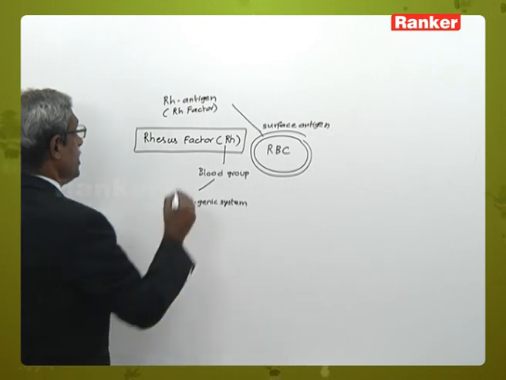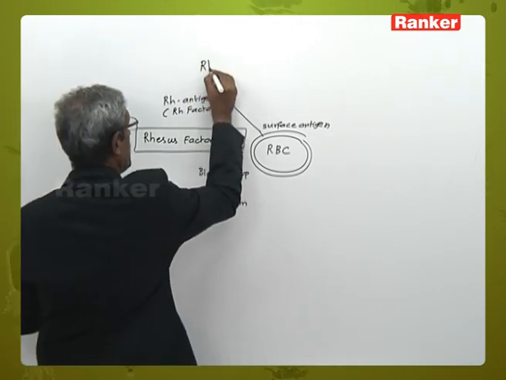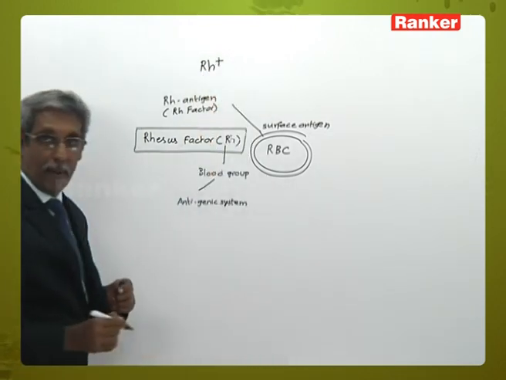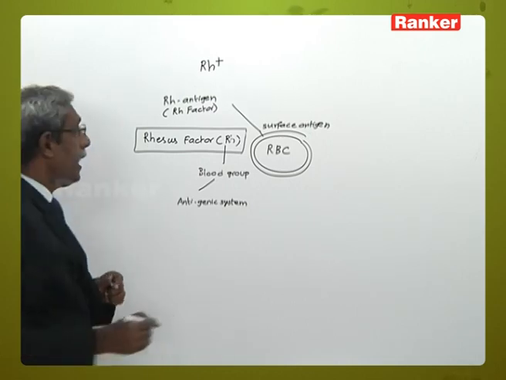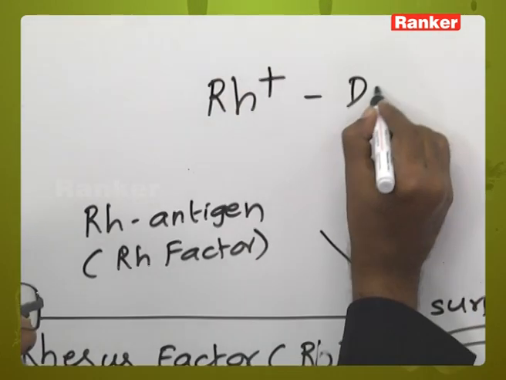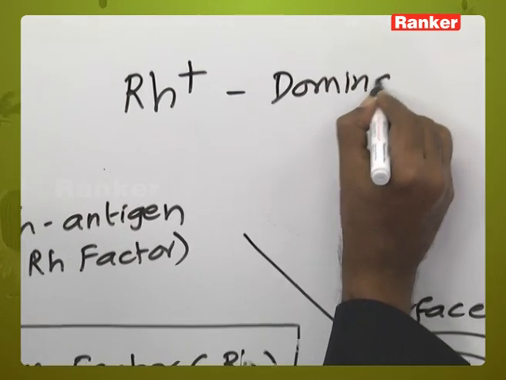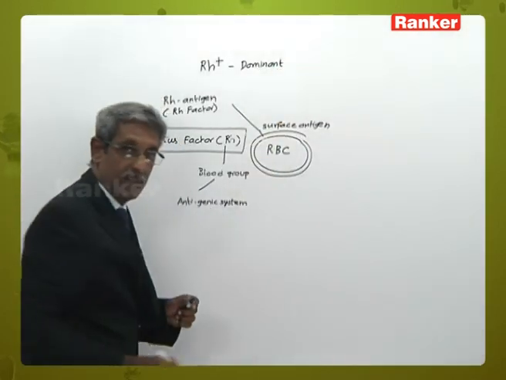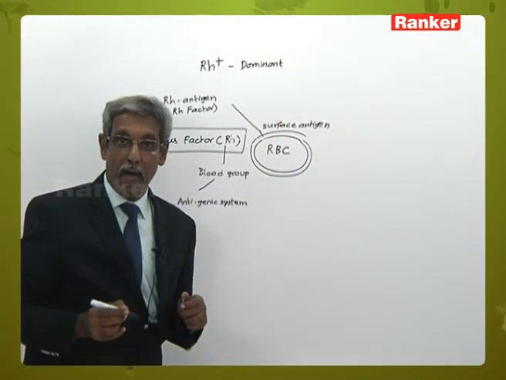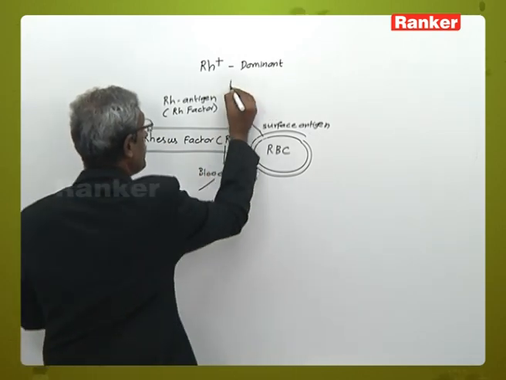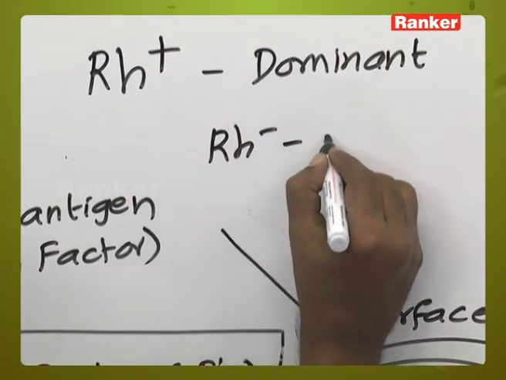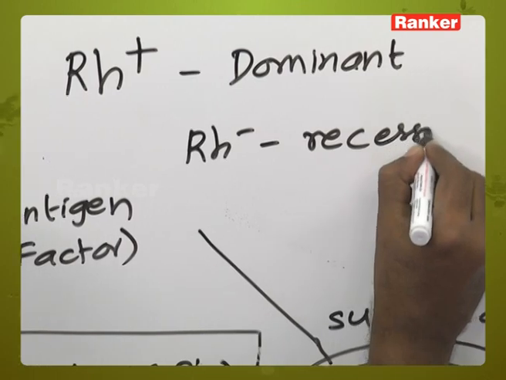Presence of RH is attributed to a single gene which is termed RH plus. RH plus indicates dominance. It is a dominant gene, and RH minus indicates that it is a recessive gene.